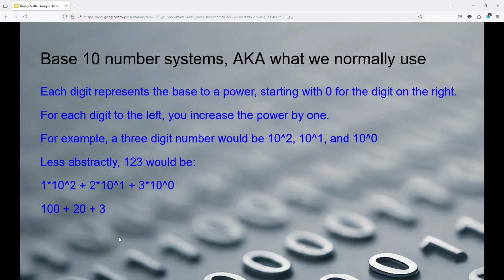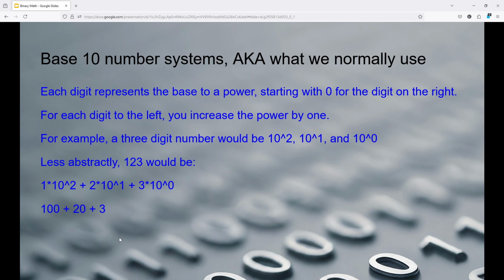Whenever you're dealing with a base, the actual digits are always going to be 0 to 1 less than the base. So in a base 10 system, our digits are 0 to 9. You can never write 10 as a singular digit. 10 is always 2 digits. So keep that in mind as we move forward.